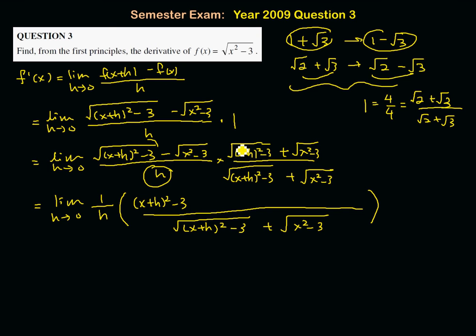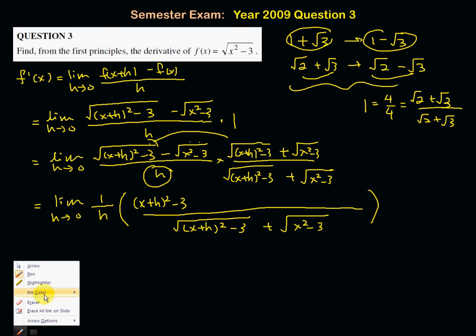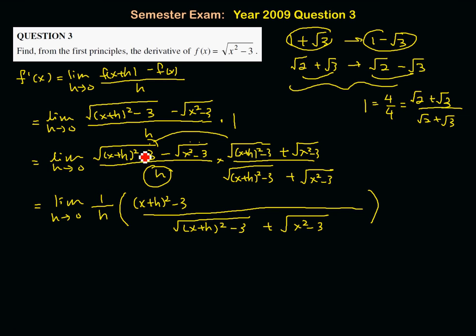Then you multiply this and this. Let me change color to show you. You times this and this, and then you times it and this. Mind the negative. Okay, just use the red color. Negative. So we're going to have x squared minus 3 and (x plus h) squared minus 3.